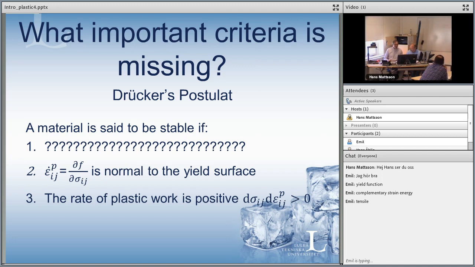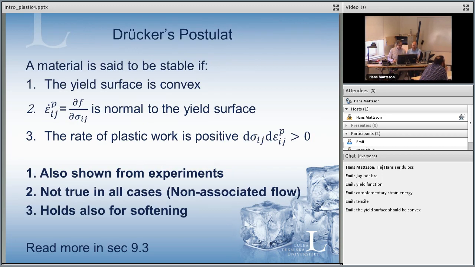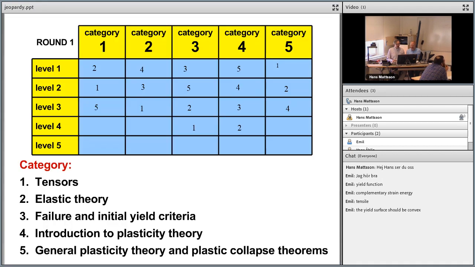You agree? Okay. So the right answer is the yield surface has to be convex. That's one of the criteria that has to be. Good.